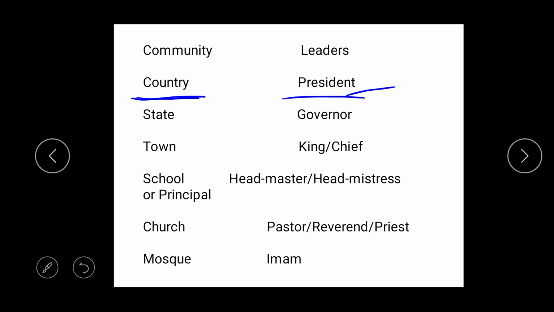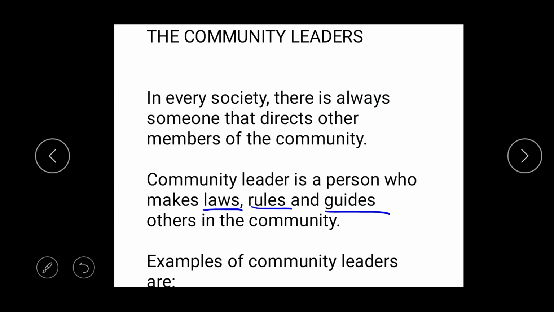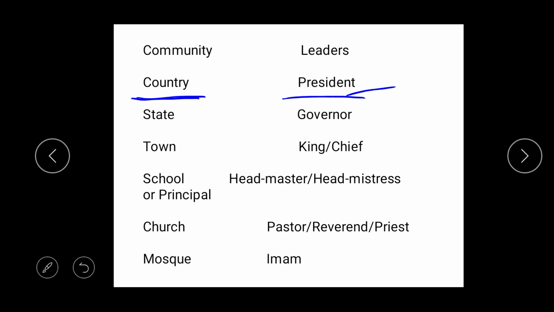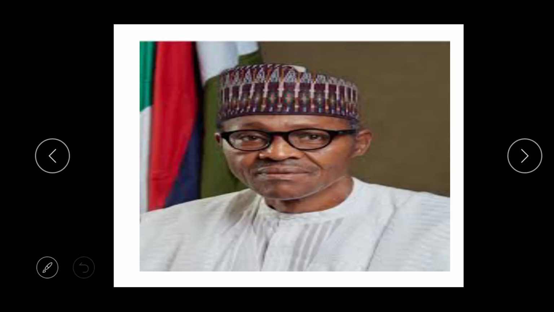The president, that means the person that is in charge of making laws and rules in Nigeria, is called the president. And the name of the president is President Muhammadu Buhari. This is the picture.